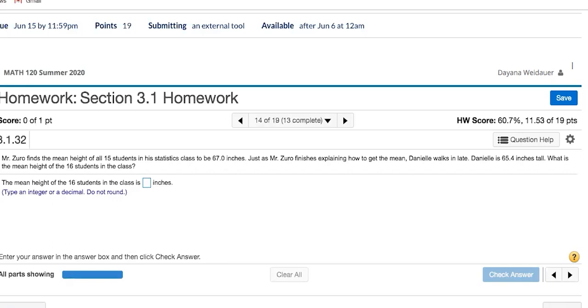So on this question, what do you think? It says there's 15 students that have a mean height of 67. Now, that means the sum of the scores of those 15 students.